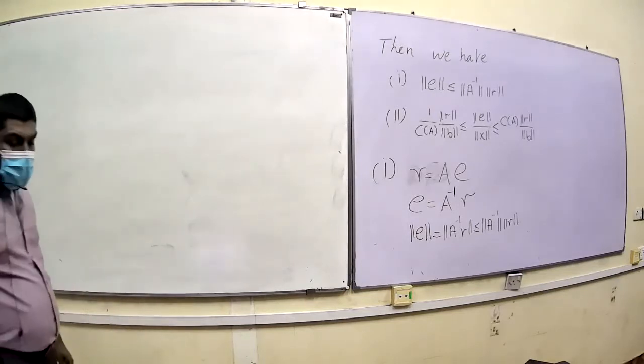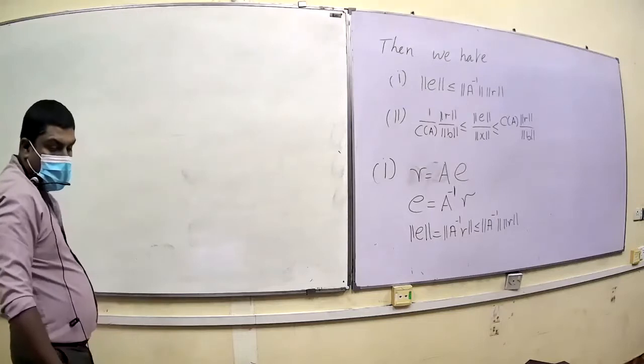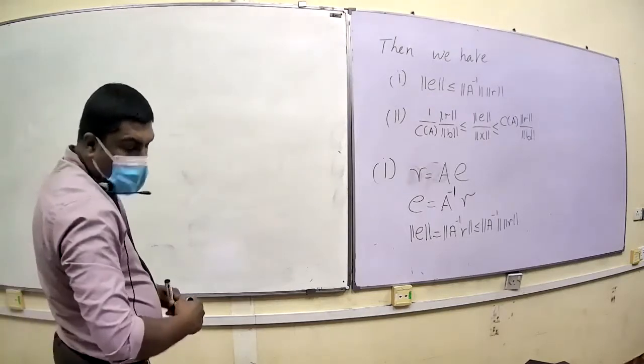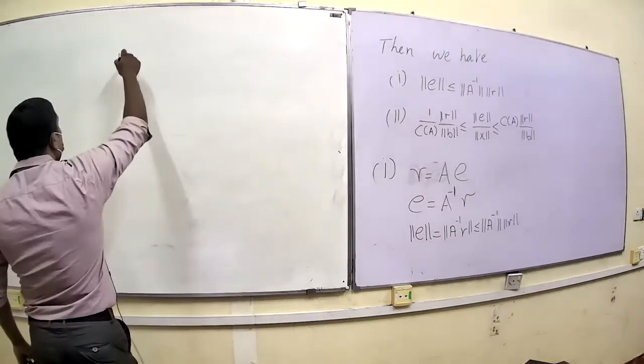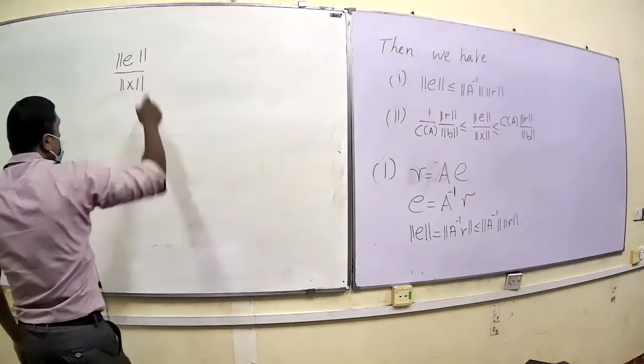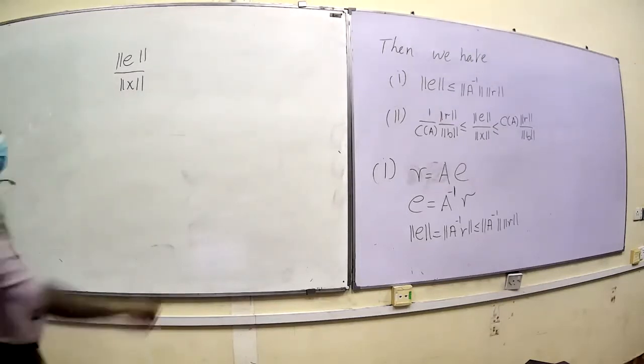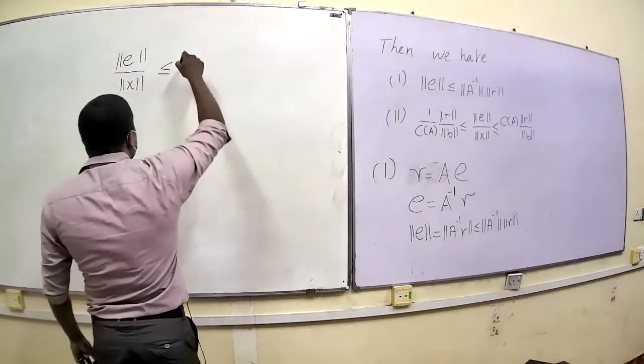First we will consider E upon X. So norm of E is less than or equal to norm of A inverse times norm of R.